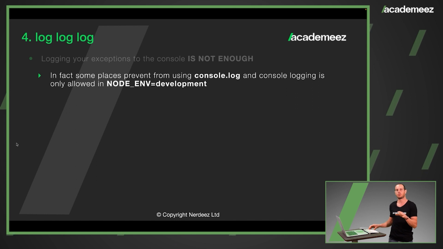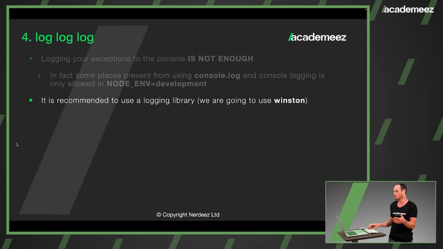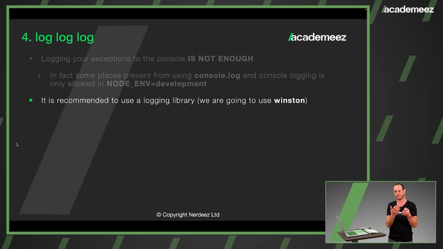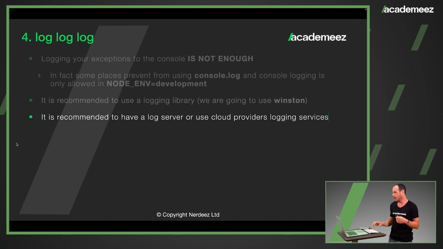So usually my rule is prevent the console log and enforce that prevention using a lint rule. As I said, I usually use a logging library. My choice is Winston, but you can search in Google and see the popular logging libraries. Just make sure that the logging library has the transport you need, the strategy you need to work with your cloud, with what you use for your logging server.